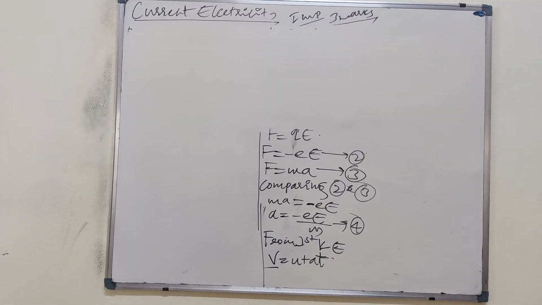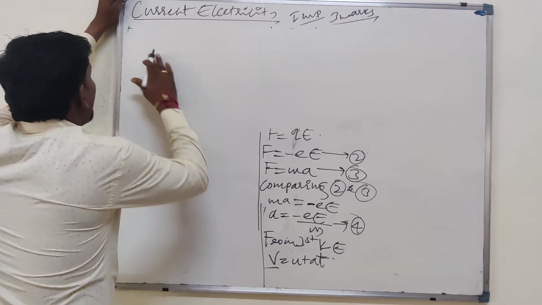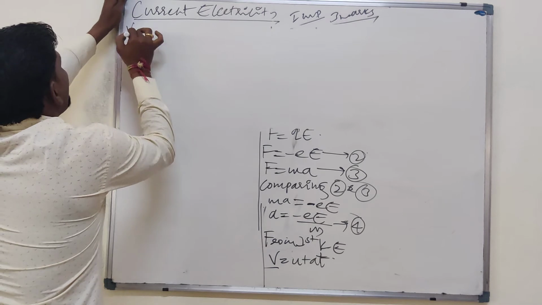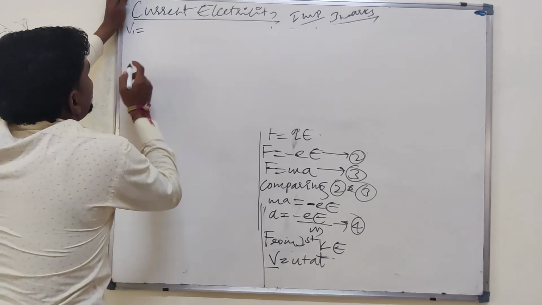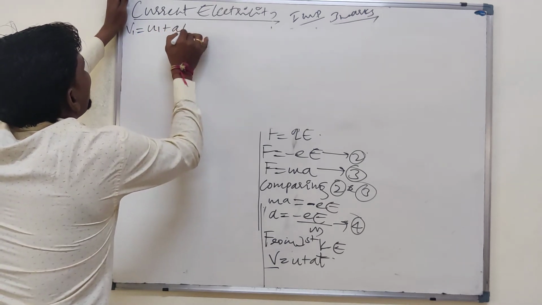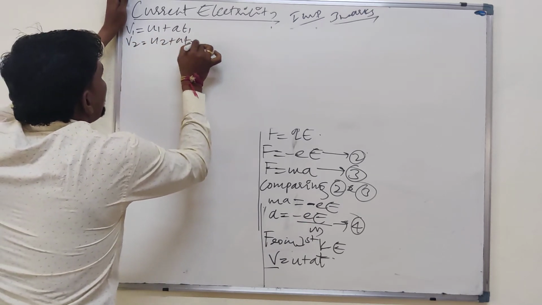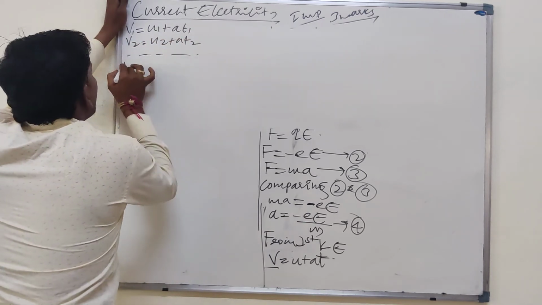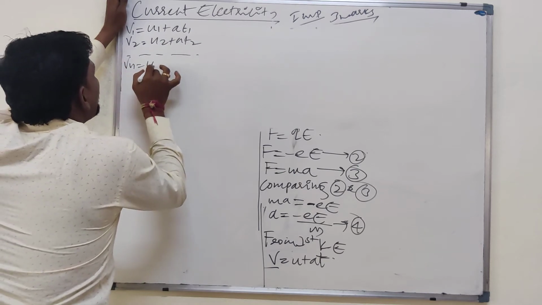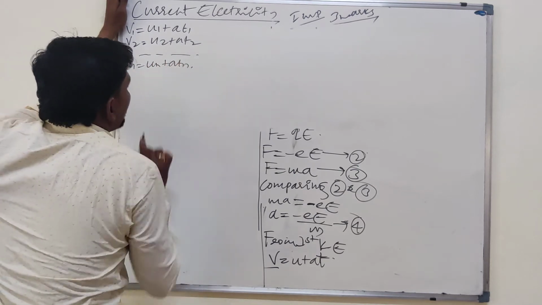See here what happens. How many electrons are there? N number. Now I take final velocity V1 equal to U1 plus AT1, V2 equal to U2 plus AT2, and so on, Vn equal to Un plus ATn.